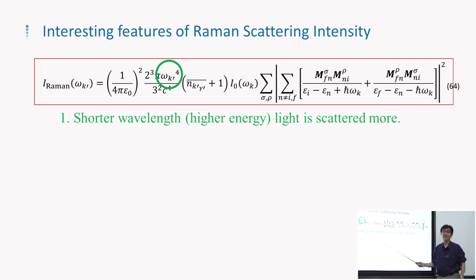Fourth power dependency is not negligible. So when we excite the Raman process with 1064 nanometer light, Raman intensity is quite small. When we excite with 266 nanometer UV light, then scattered intensity is very large. So if possible, it's easier to detect the Raman scattering signal with shorter wavelength excitation.